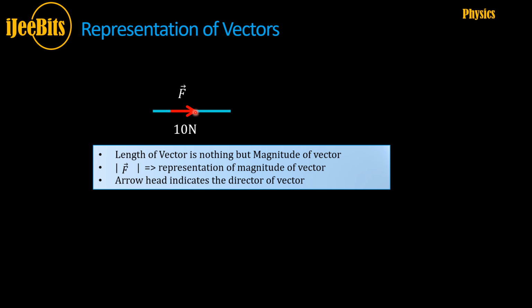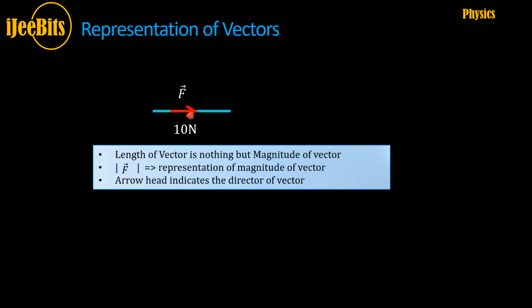But how do you represent a magnitude? The modulus of F is what we use for the magnitude of the vector. The length of the vector is the magnitude of the vector, and the arrowhead indicates the direction of the vector.